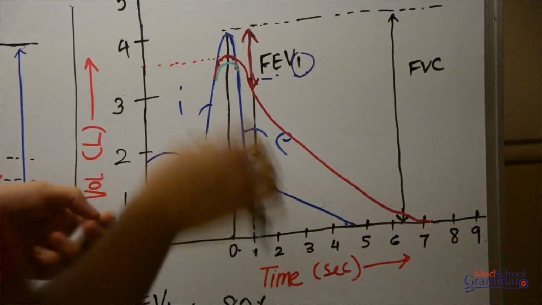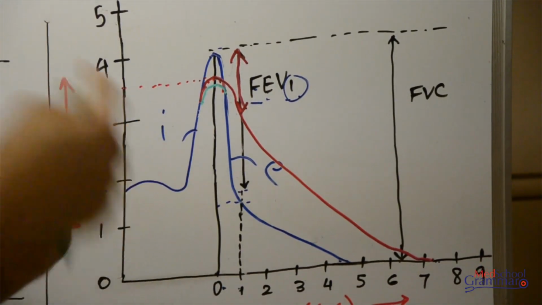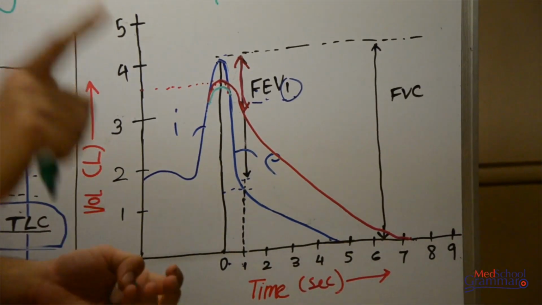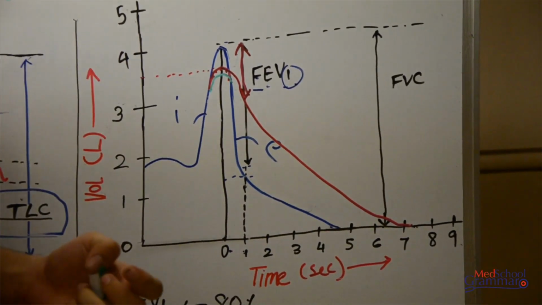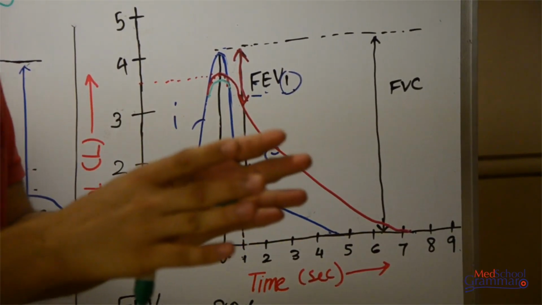So again, in the restrictive, the expansion is restricted. So the maximum amount of air that is inspired has decreased. Now, as you noticed, I said the expansion is restricted, not the deflation of lungs.